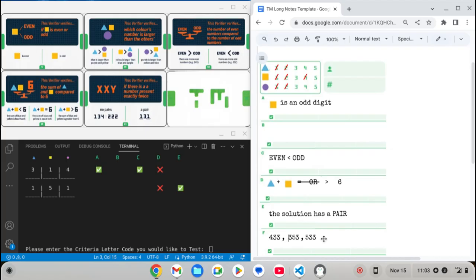They both have a majority of odds. They're the biggest. The middle is odd. The sum of the first 2 is greater than 6. And you have a pair. So it looks like these 2 would be ambiguous. I don't see how you could distinguish them. So can we actually deduce that the answer should be 3, 5, 3?